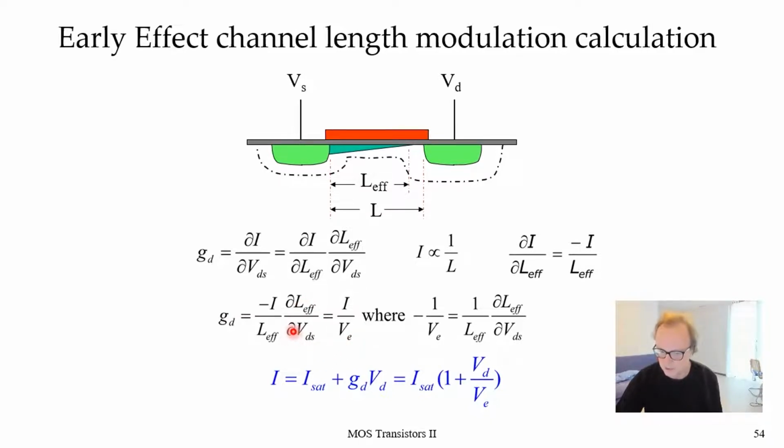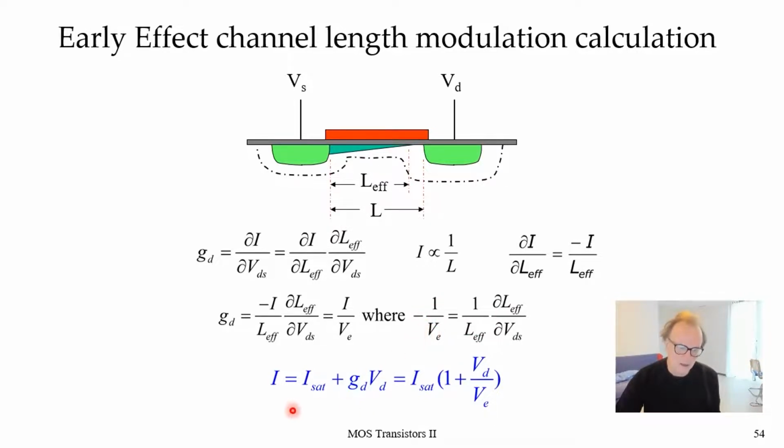The length cancels out, and you can rewrite this so that the drain conductance is proportional to I over voltage. It's the drain conductance, the derivative of current with respect to voltage. So you now define this minus 1 over VE as the derivative of the effective length with respect to drain voltage divided by the effective length. The length cancels out here, so it has units of 1 over voltage.